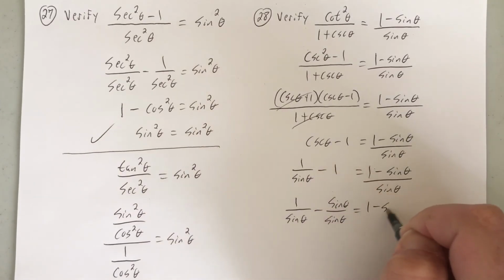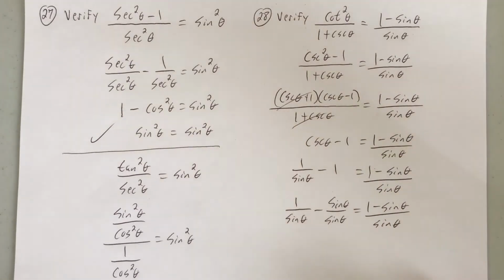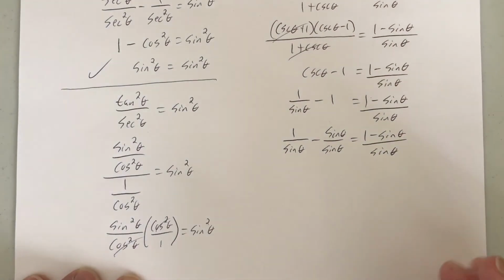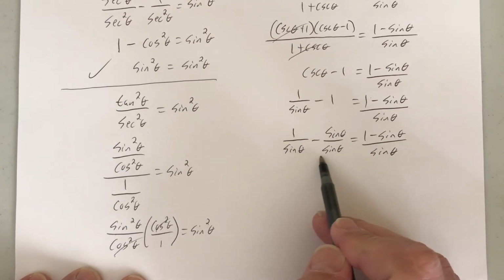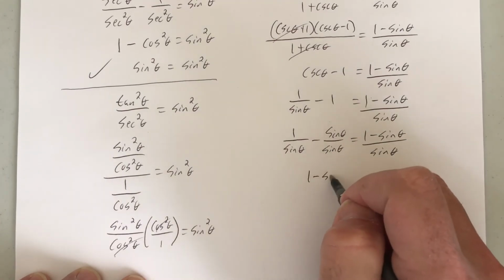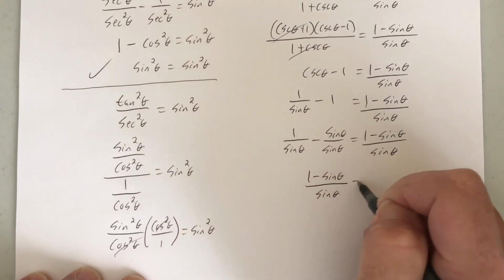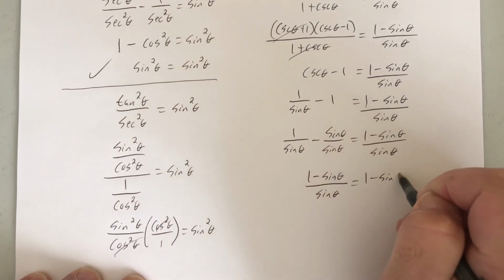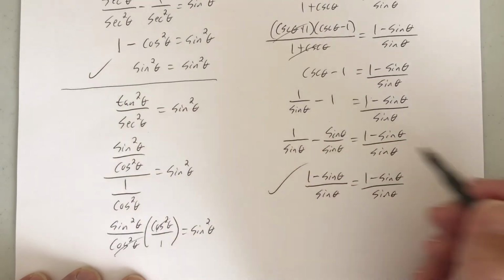And that would be this right here on the right side. So now by doing that, I can go ahead and put these together because I got the common denominator, which you can see is going to wind up being the same here. So this would be 1 minus sine theta over sine theta is equal to 1 minus sine theta over sine theta. And we are good.